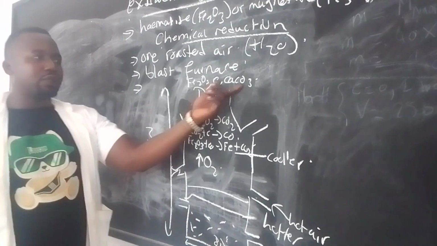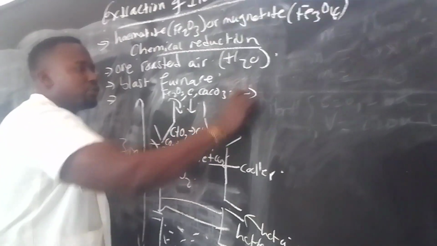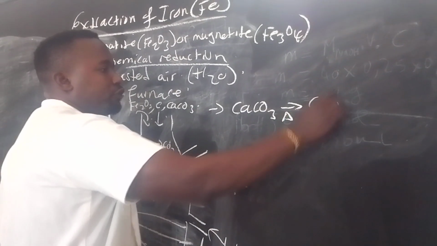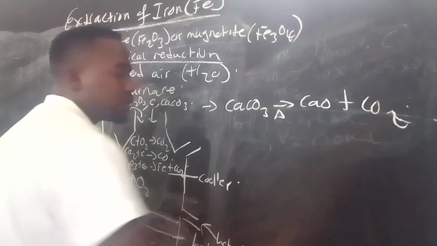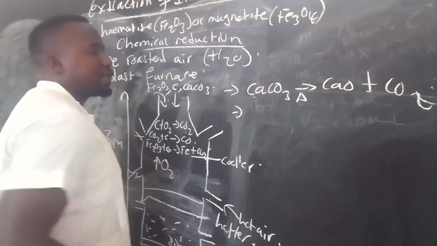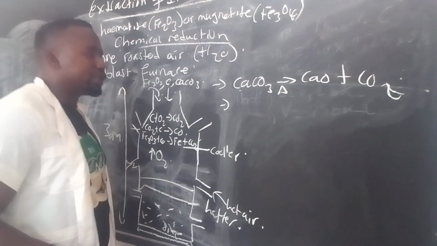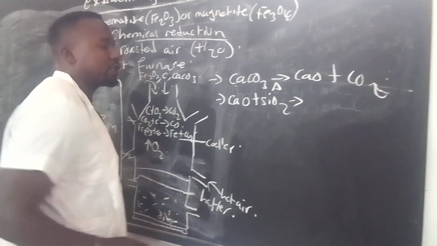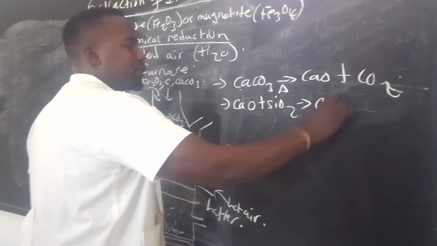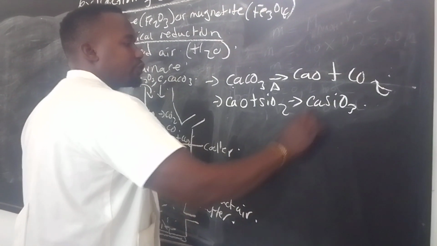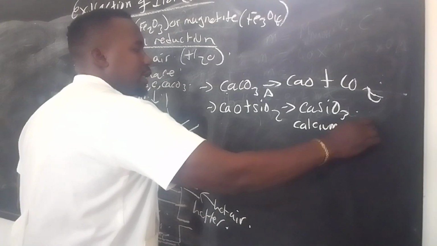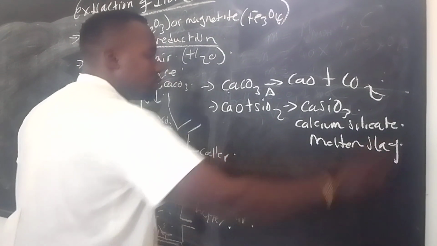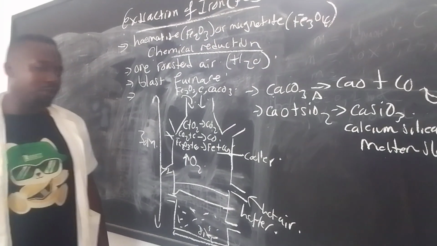Now we are left with calcium carbonate. Calcium carbonate moves to the bottom of the furnace where it gets heat and decomposes to form calcium oxide and carbon dioxide. The calcium oxide now formed reacts with the impurity found in the ore, which is silicon(IV) oxide, to form calcium silicate, which is a molten slag.